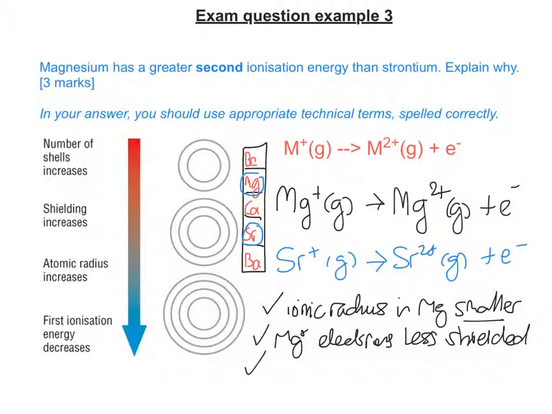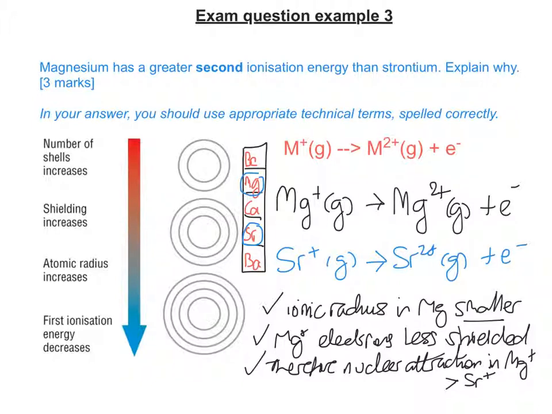And we can also say that therefore nuclear attraction in Mg+ is greater than in Sr+. Obviously you can say the reverse, you can say ionic radius in Sr is larger, so the reverse argument is fine.